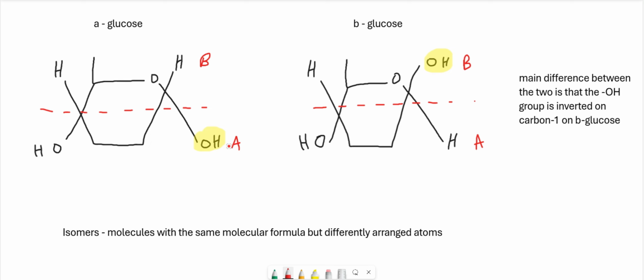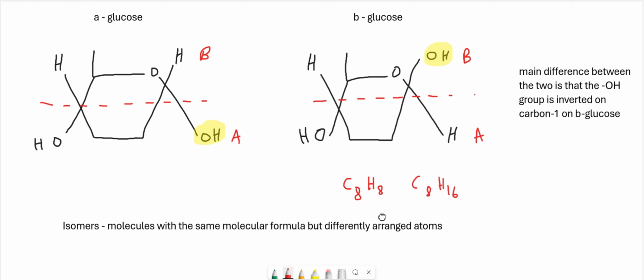If you've done GCSE chemistry or A level chemistry, you will come across molecular formulas and also different types of chemical formulas. But let's just focus on molecular formulas. You may come across them in chemistry, like C8H8 or C8H16. C and H are the individual elements, and 8 is the number of each atom of the element present in the molecule.